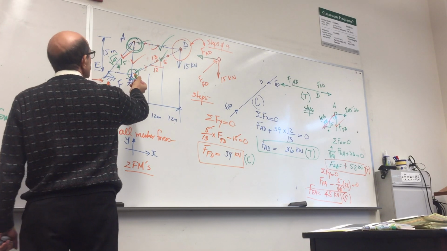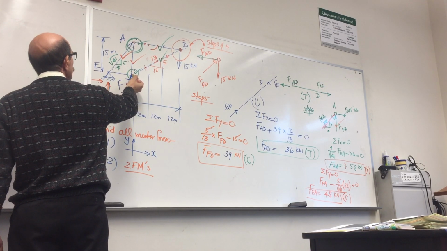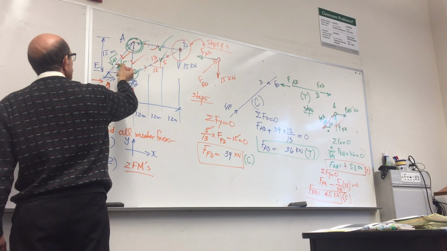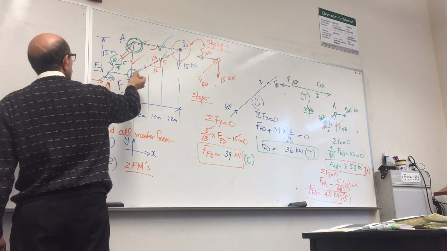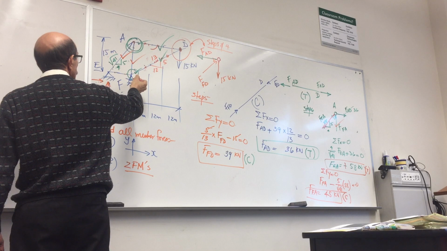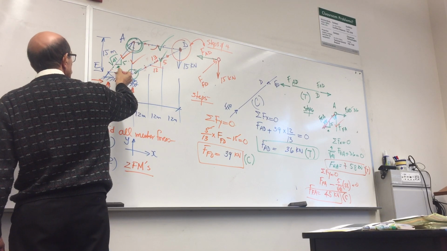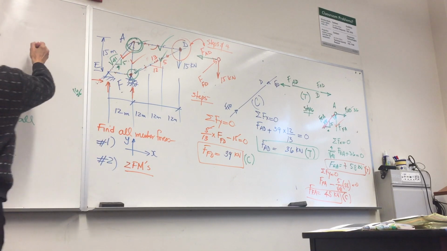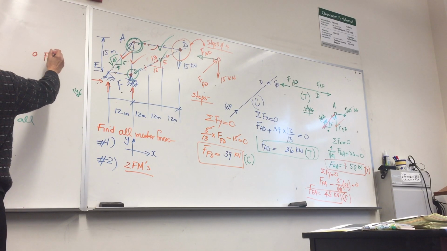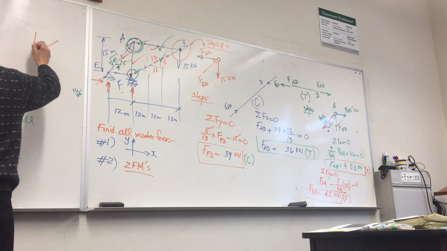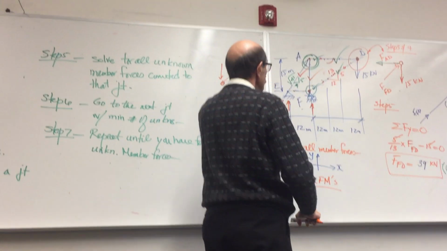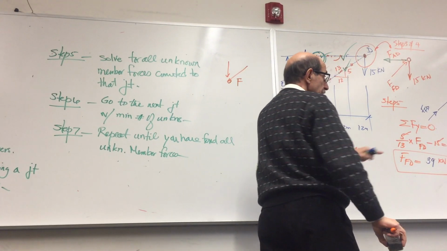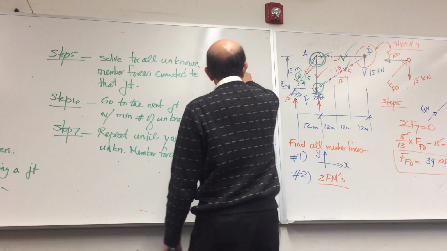Now you have this joint with one unknown, this joint with two unknowns, this joint with 1, 2, 3 unknowns. So I'm going to use this one, right? So then you go to joint F, you have this force, you have this force. Actually, let's see what direction they were. FA was compression, so that is correct.